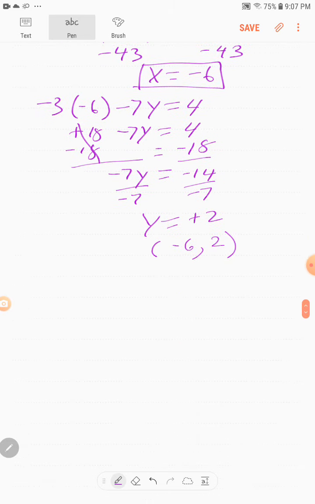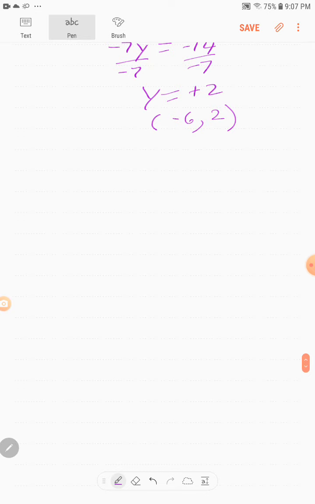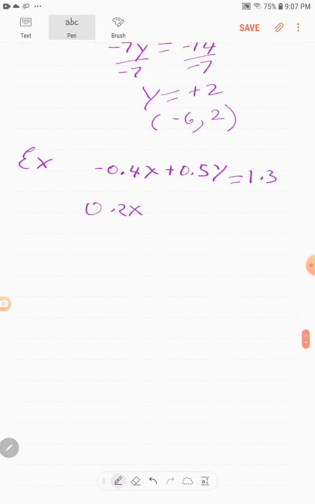Okay, now suppose we're given the system of equations as decimals. So if we're given it as decimals, say for example, minus 0.4x plus 0.5y equal to 1.3 and 0.2x plus 0.6y equal to 0.2.